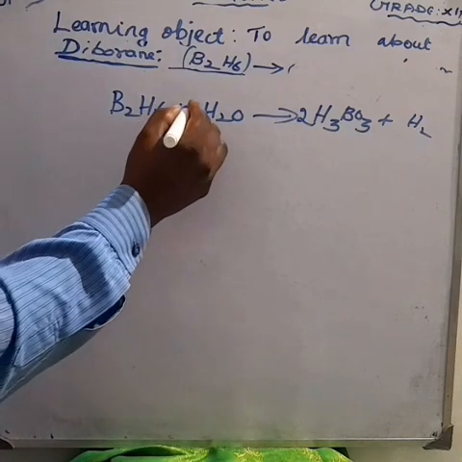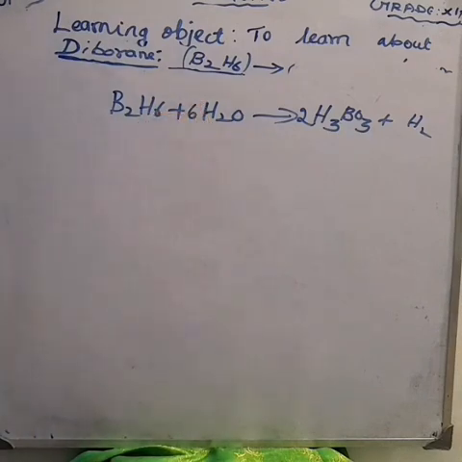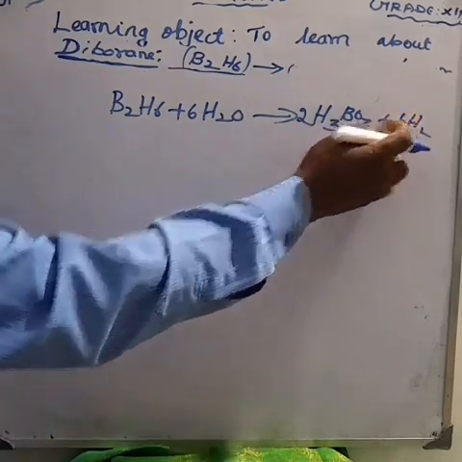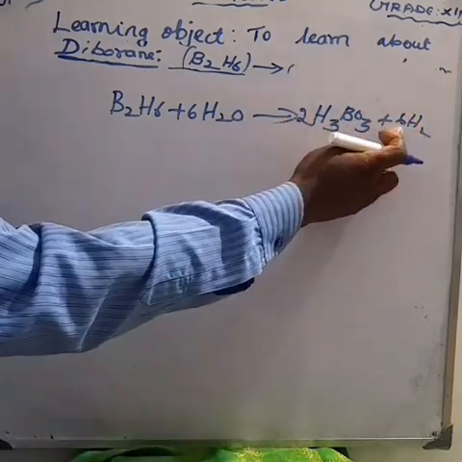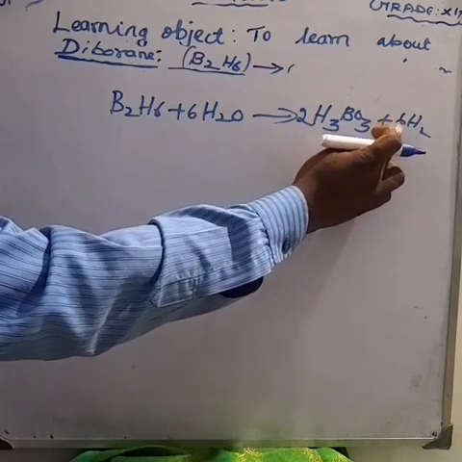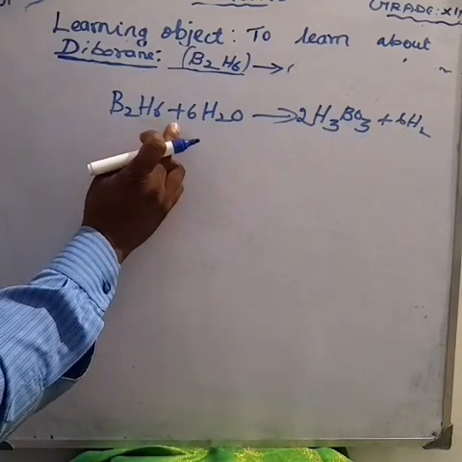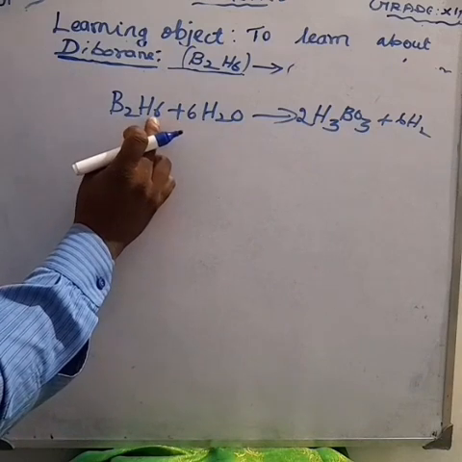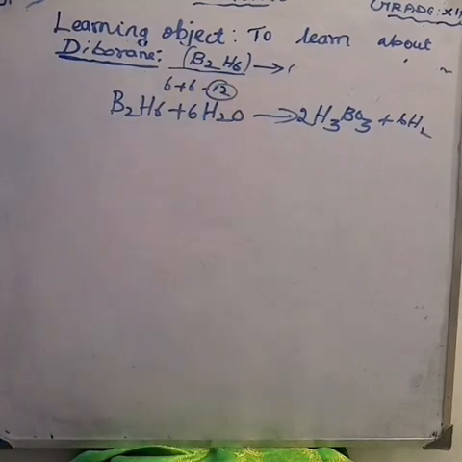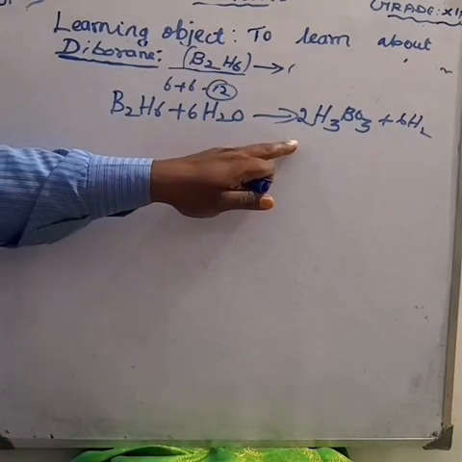So, 6 oxygen, here you write 6 water molecules. Next you come to the hydrogen. Here, hydrogen, 2 into 3 is equal to 6. Here having 6 plus 6 is equal to 12. So if you make it 6, this is also balanced, am I right?